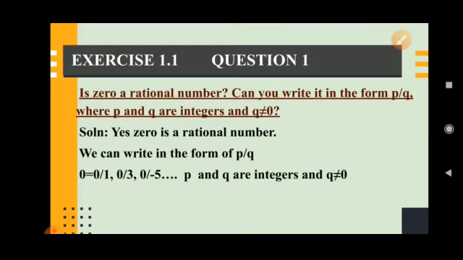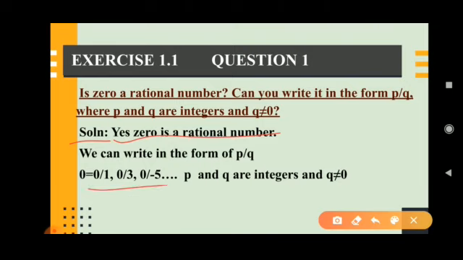So here we have to say whether 0 is a rational number or not. If you go for the solution, yes, 0 is a rational number. We can express 0 in the form of p by q.